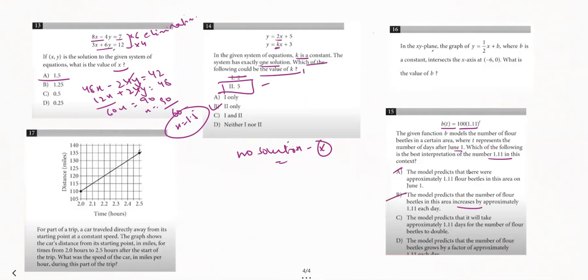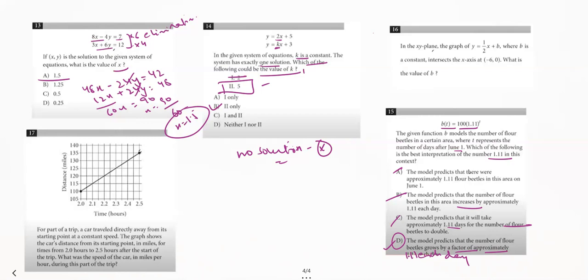The model predicts that it will take approximately 1.1 days for the number of beetles. And D is the model predicts that the number of flower beetles grows by a factor of approximately 1.11 each day. So this is a factor, right? So that's why it would be D. It will take approximately these days for the number of flower beetles to double. No, it won't.